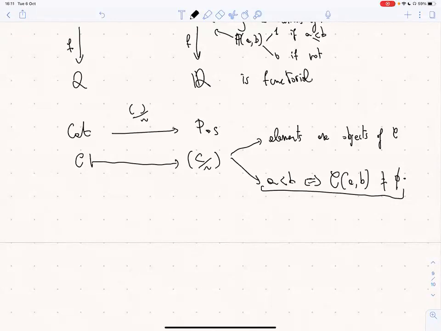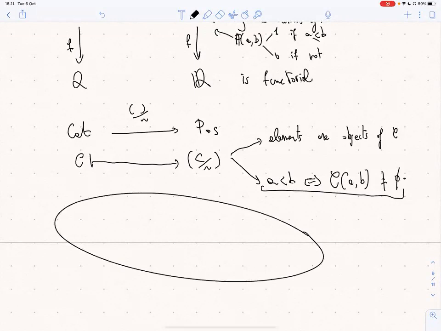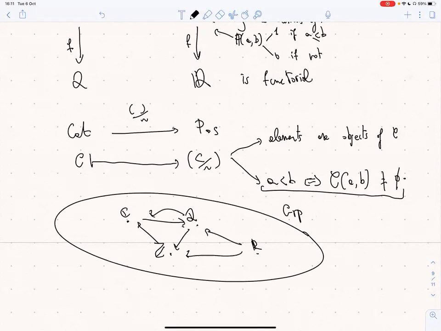And this poset is just a poset which says, okay, look, you have, say, groups, for example. This is the poset which essentially collapses all this to only one point.